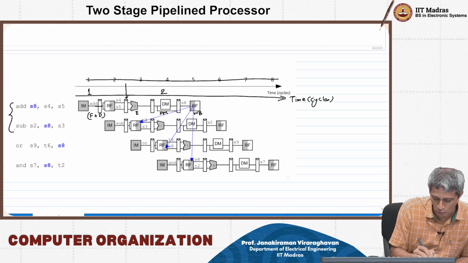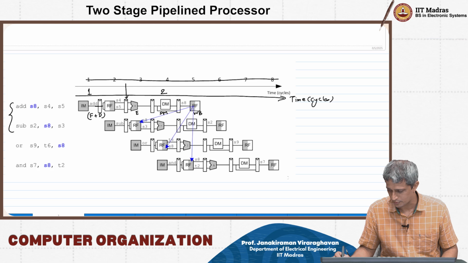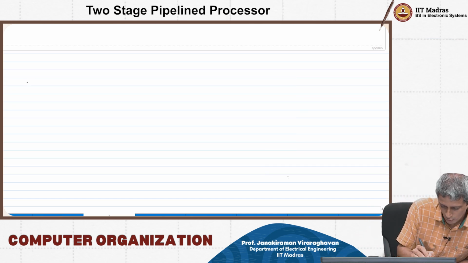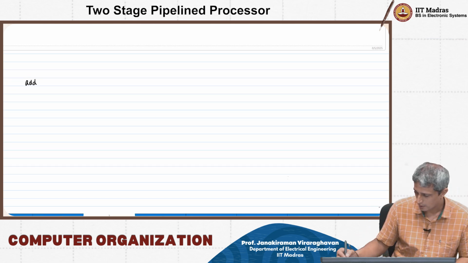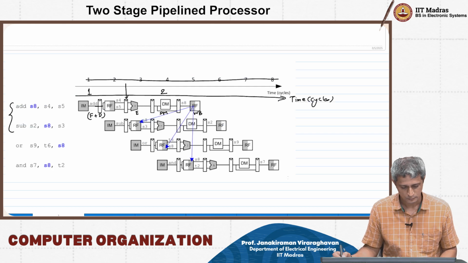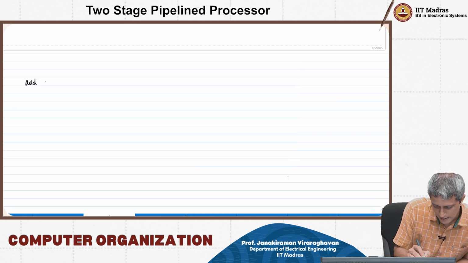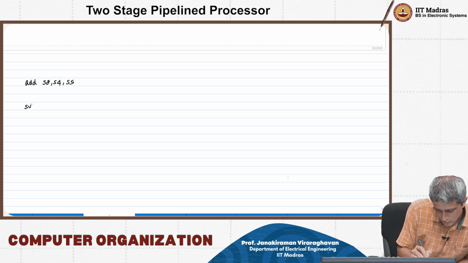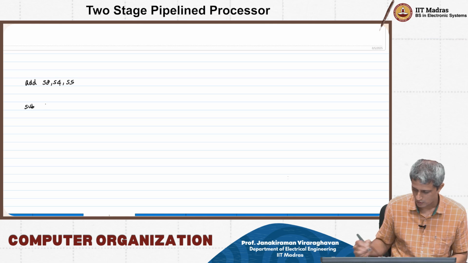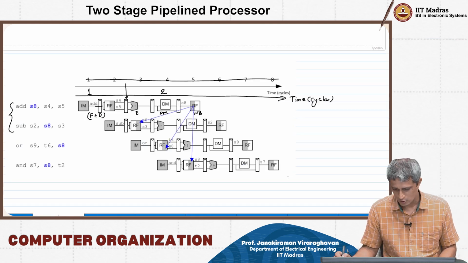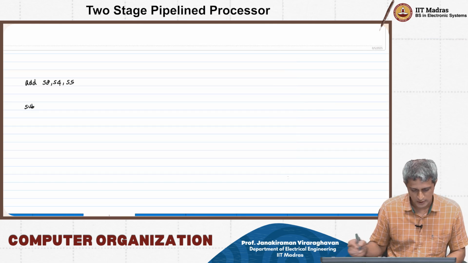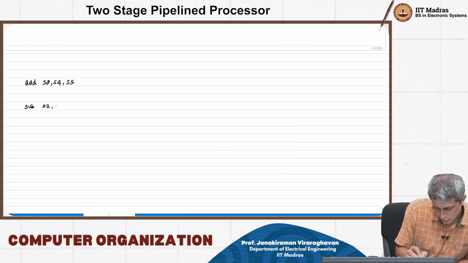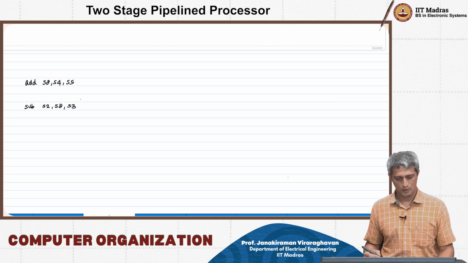So we will consider only these 2 instructions, a very small subset of instructions. We are going to look at add, S8, S4, S5 and subtract, S2, S8, S3, right?